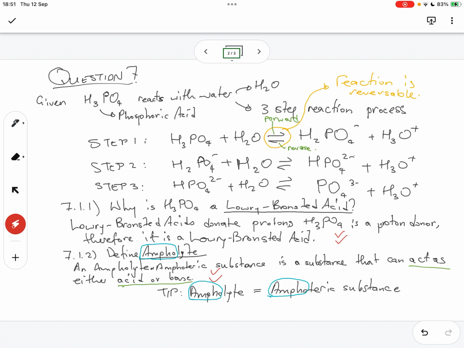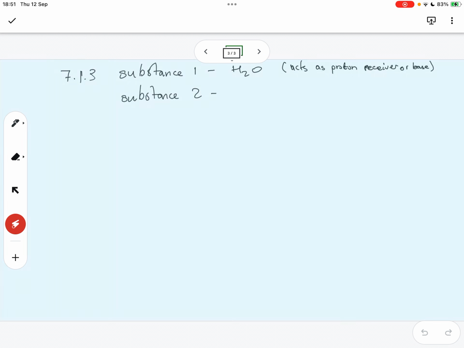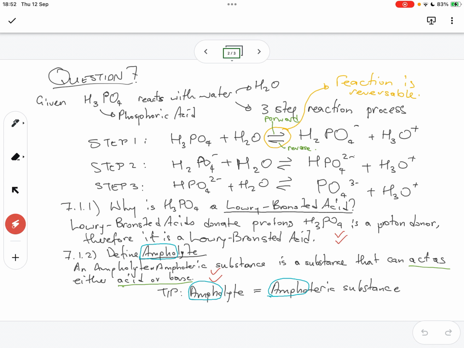But anyway, the point is, we were looking for ampholytes or amphoteric substances in all of these three reactions. Now we identified substance 1 as H2O again. But now I'm saying H2O can't be the only substance because these reactions go forward and in reverse.